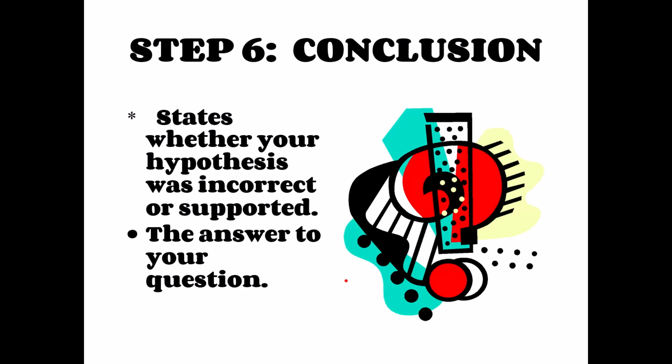All right, next we come to a conclusion. This is where we state that our hypothesis was accepted or rejected, meaning that if our hypothesis is right, we accept it, and we reject it if it was wrong, and it answers your question. So back to the question: how long will it take for cereal to get soggy?